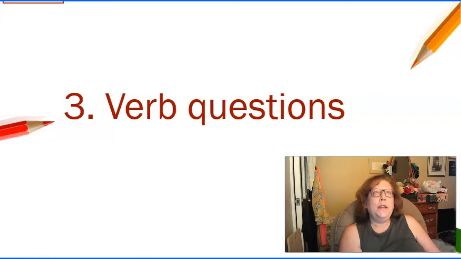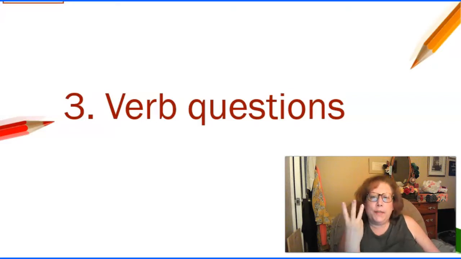Now let's look at number 3. Now, we know that we have to ask certain questions, and I've asked them in a certain way, but there's some other ways that you can ask. And for the verb question, there's only a couple of questions here. So let's look and see what has question marks beside it. The word who, then B, what is being said about, has a question mark, and the word what.